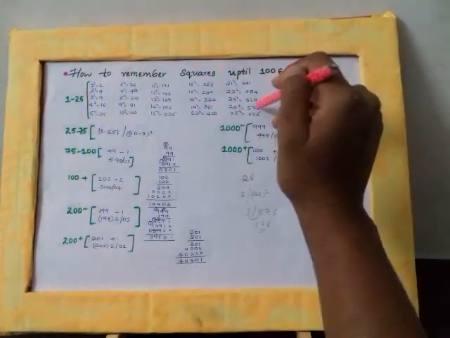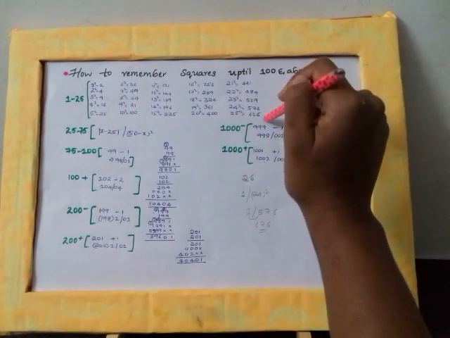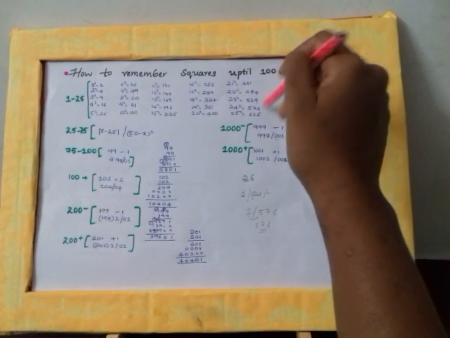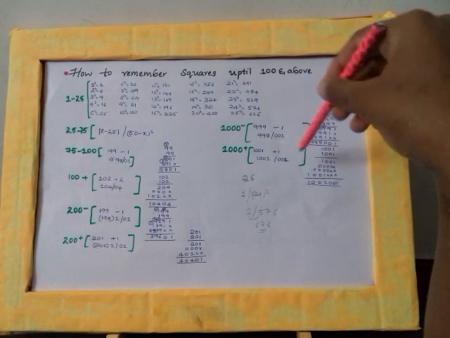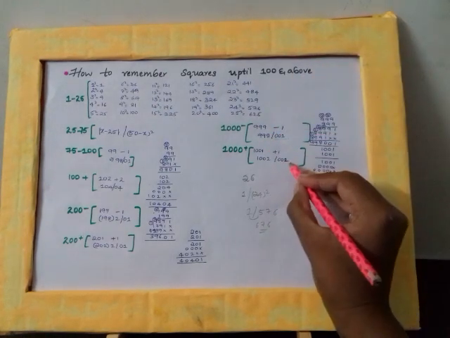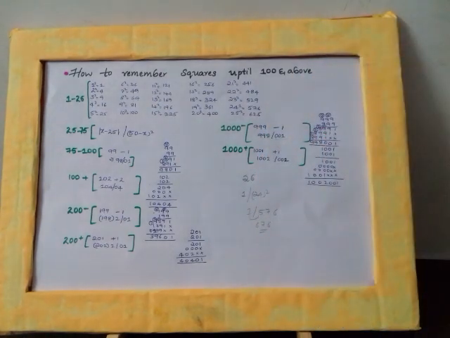The first 25 squares should be remembered, which determine the next infinite squares. For now, in this video, let us go up to 1000 squares.